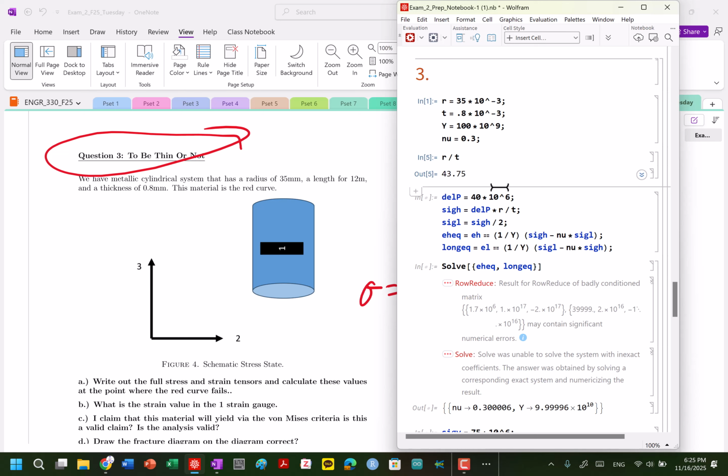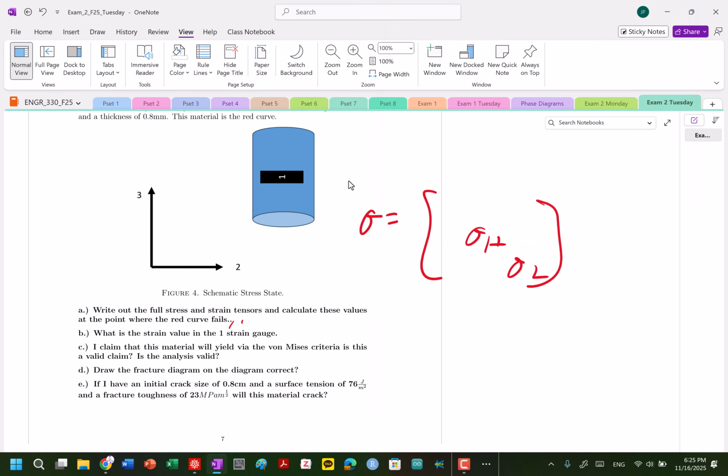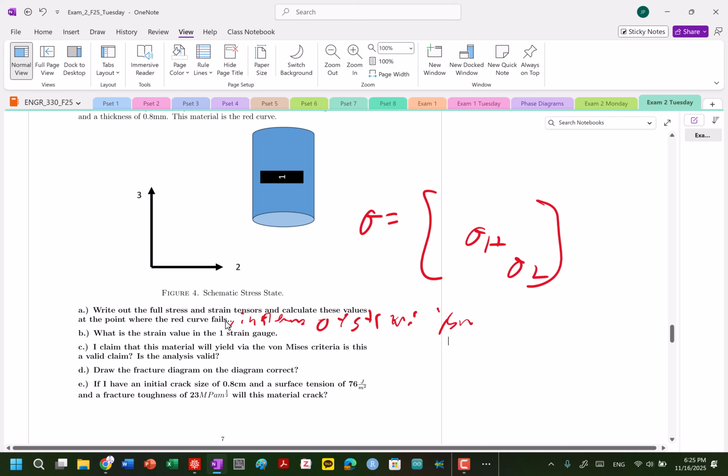So actually the materials red curve, with the red curve, I'm going to say red curve fails in terms of strain. Ignore stress. So we're going to ignore the stress values there. Actually, let's do this instead.